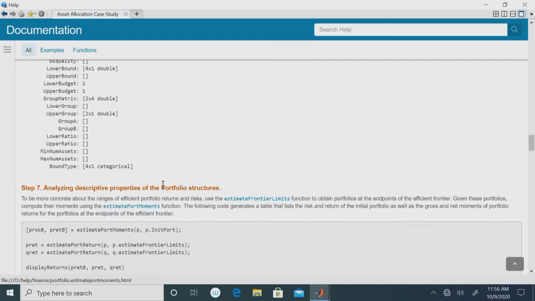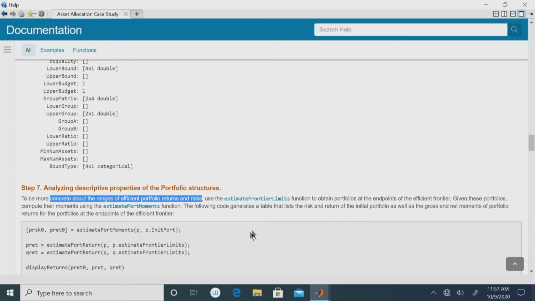So, now let us look at analyzing the descriptive properties of the portfolio structure. So, we now focus more on the ranges of efficient portfolio returns and risk, and then we incorporate what is known as the estimate frontier limits to obtain portfolios at the ends of the efficient frontier.